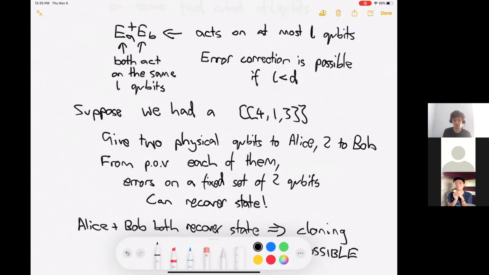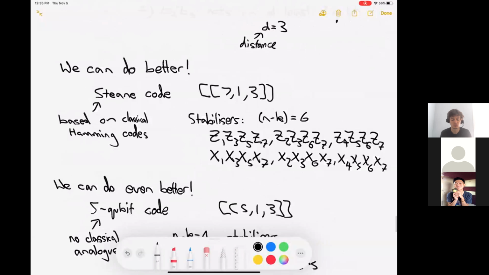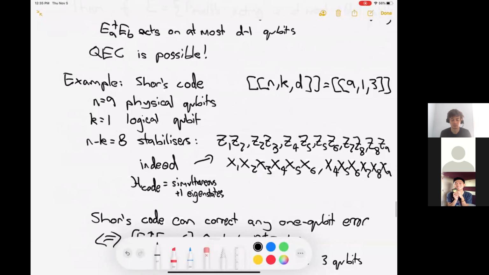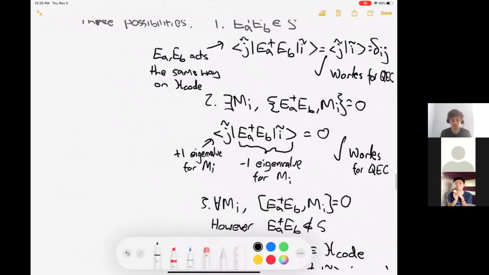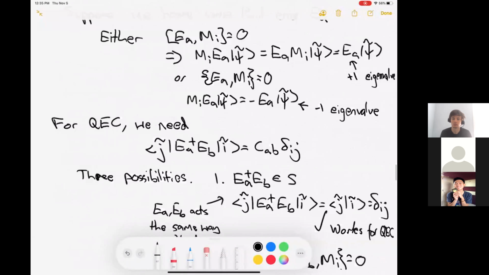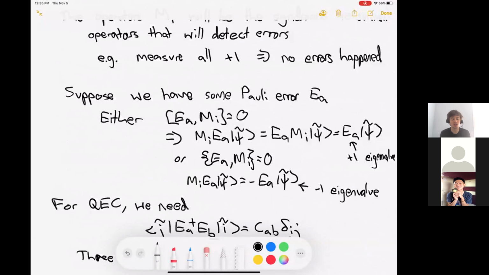I did have a quick question. It wasn't necessarily on this stuff. That was a little while back, if that's okay. When you were doing the proof that the M_i's had either +1 or -1 eigenvalues, we started by assuming that there existed one that anti-commuted with everything else. How are you guaranteed that such a one exists? The M_i's are just products of Paulis on each qubit, right? So just pick one.